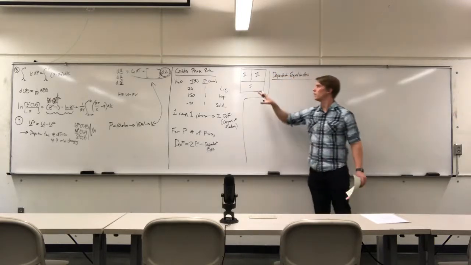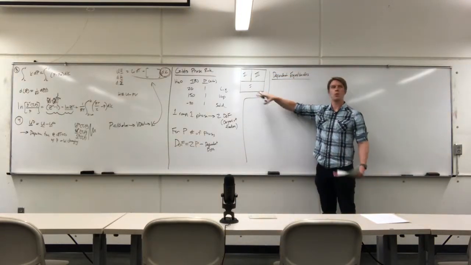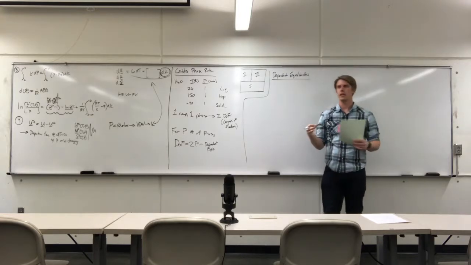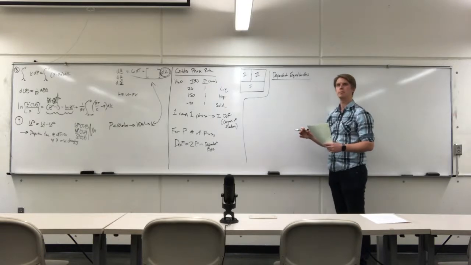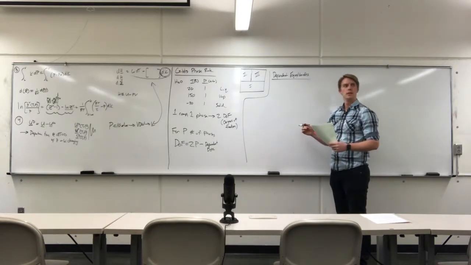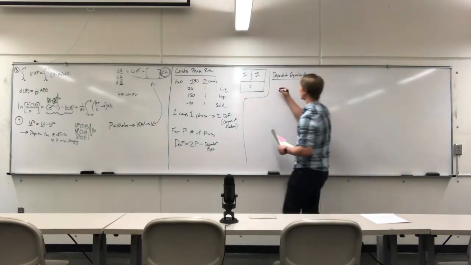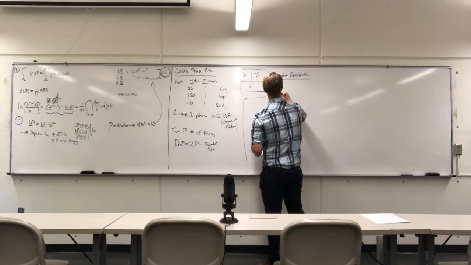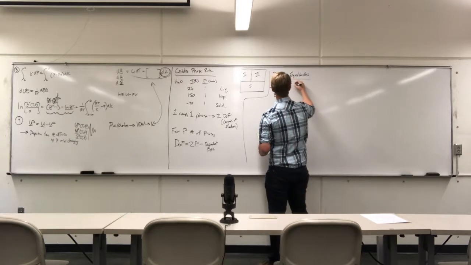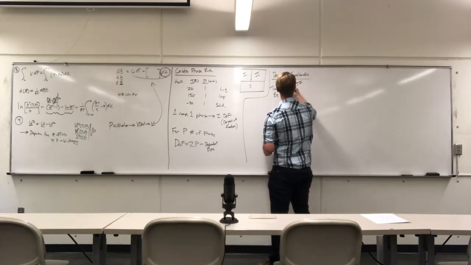Okay, if my 3 phases are all in equilibrium, what are some variables that are linked that we've talked about? What's constant across all the phases? Temperature. So we have thermal equilibrium, in which case the temperature of phase 1 is equal to the temperature of phase 2.